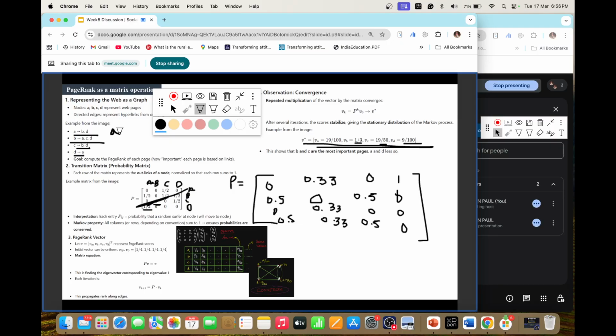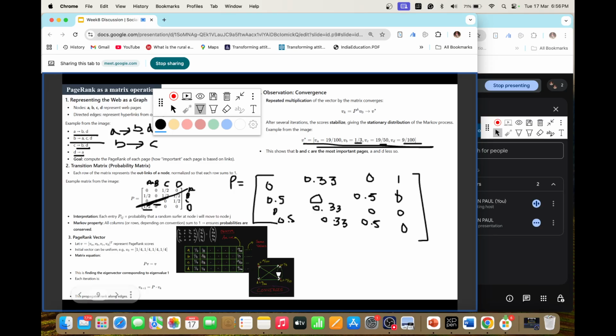Actually, A follows B and D, that is right, and then B is actually following C. Okay, according to here, B is actually following C. That is why 1 here.